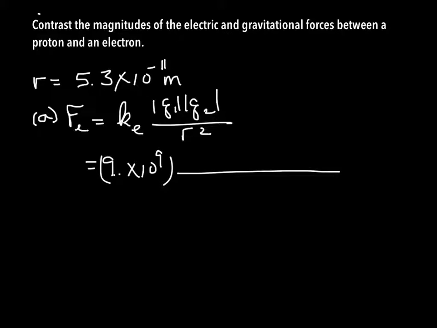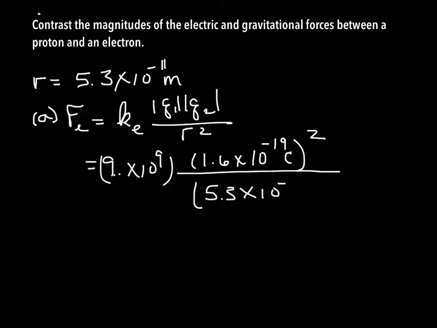Since both have the same charge, we're using the absolute value, and they both have a charge of 1.6 times 10 to the minus 19 coulombs. Since they're alike, we're just going to square that value, Q times Q, over R squared. Don't forget to square the distance. This is a very common error that students make. They forget to square the distance. Times 10 to the minus 11 meters, and we're going to square that.